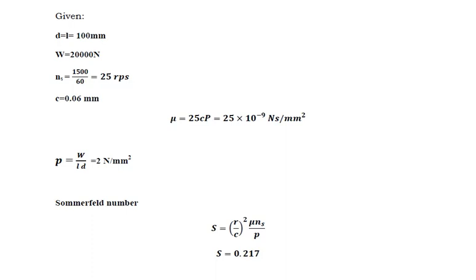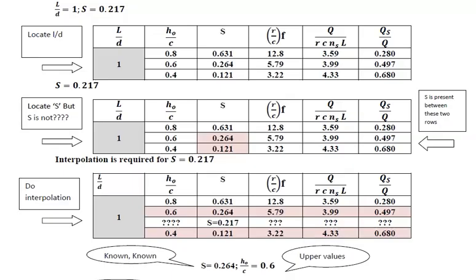After finding this Sommerfeld number, we will go to the Raimondi and Boyd chart and we will find the solution for this numerical. So, for given numerical, L upon D is equal to 1 and capital S Sommerfeld number is equal to 0.217.